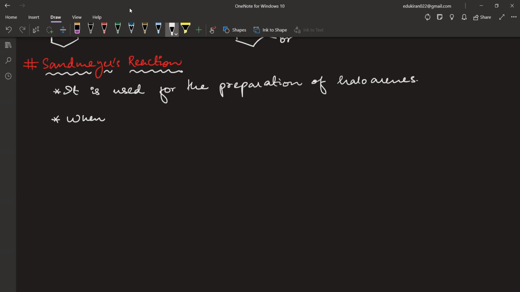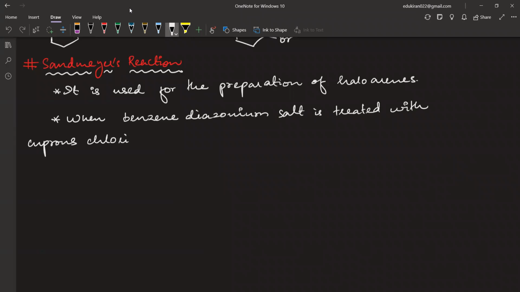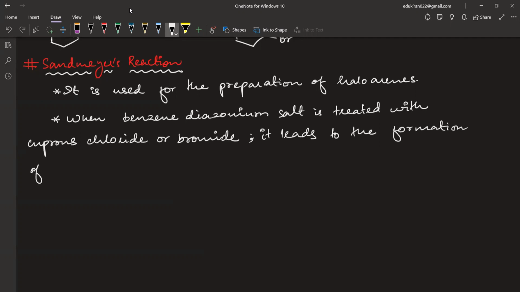When benzene diazonium salt is treated with cuprous chloride or bromide, it leads to the formation of chloro or bromobenzene. Write the reaction.